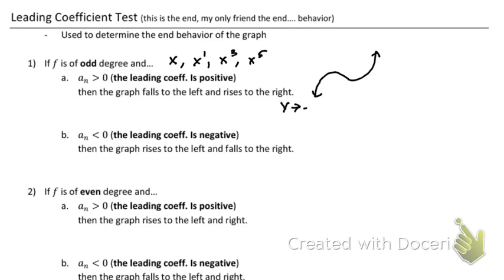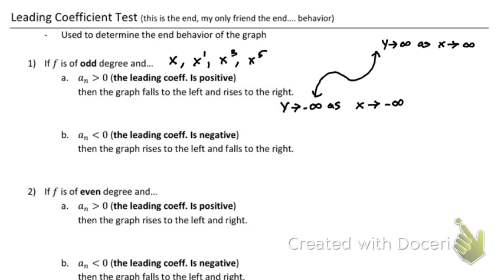Y goes to negative infinity as x goes to negative infinity. As x values get smaller and smaller, so do your y values. It goes up would be referred to as y goes to infinity as x goes to infinity.